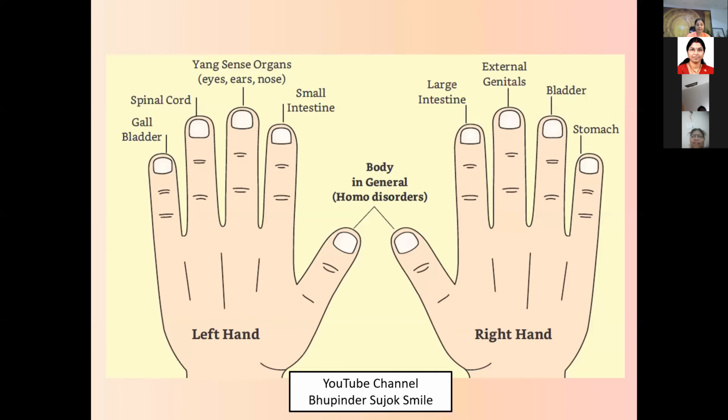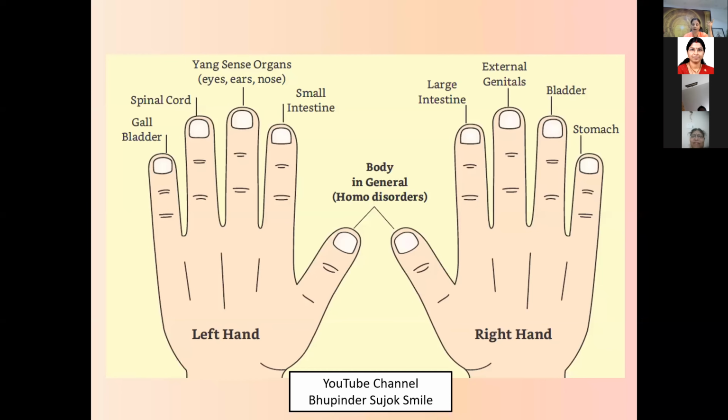So eyes, ears, nose. These 3 sense organs are, we say, hetero group, or we can say yang sense organs. Why do we say yang sense organs? Because to have these senses, we don't need touch.